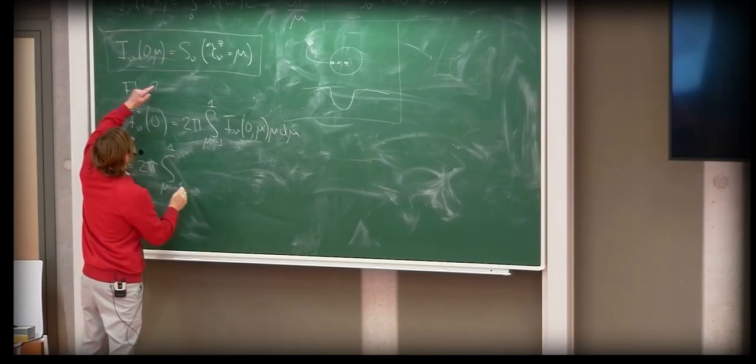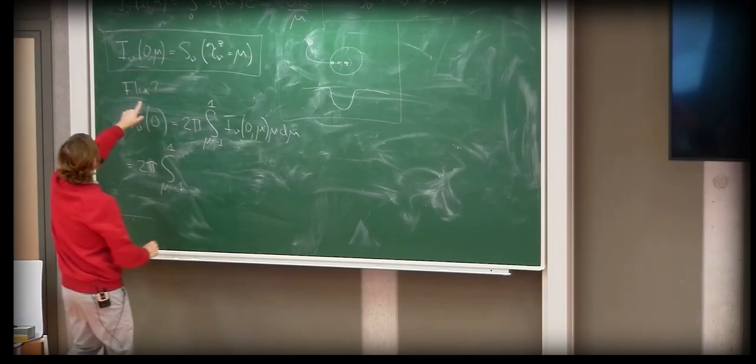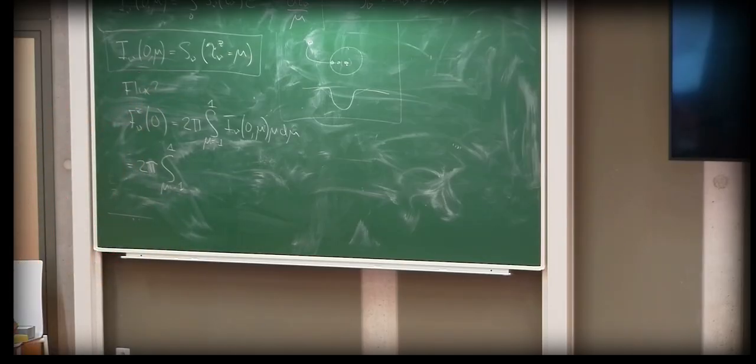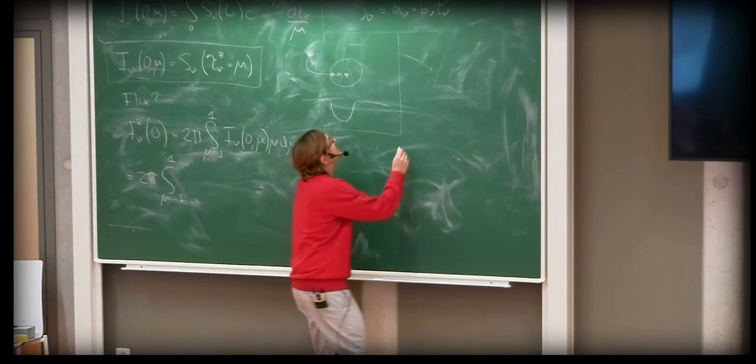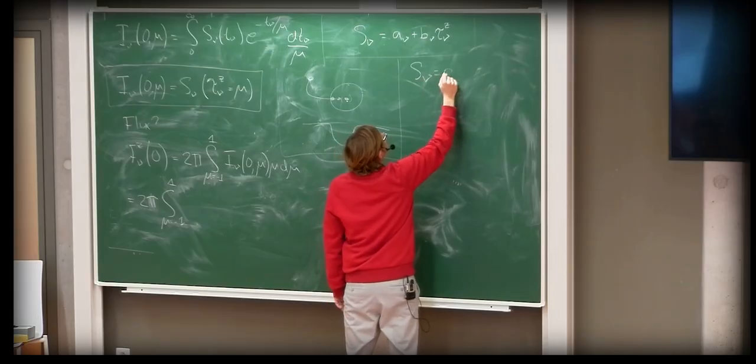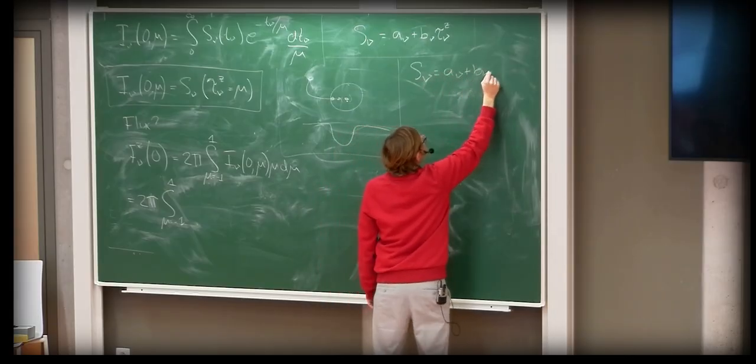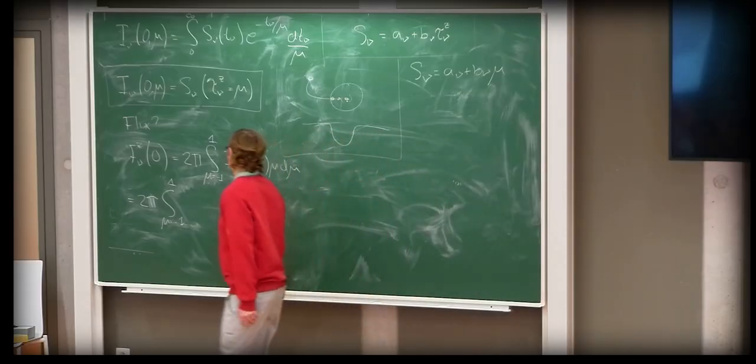Our Eddington-Barbier expression here. Where is it? It must be somewhere. So the original expression was, of course, A nu plus B nu mu.